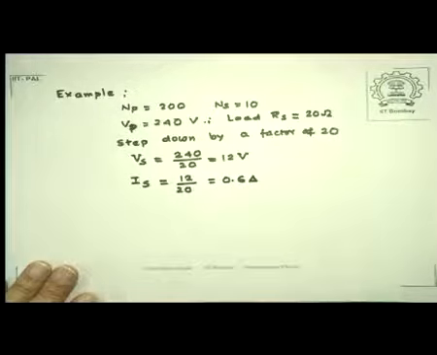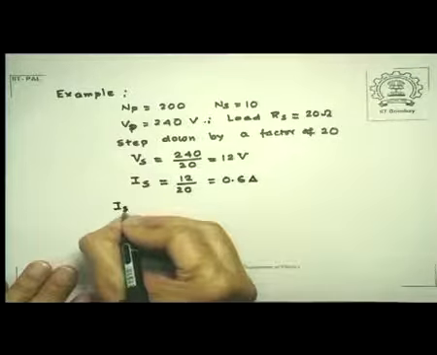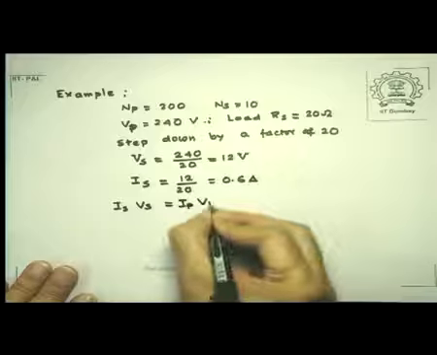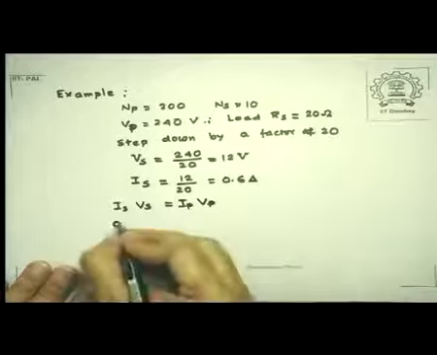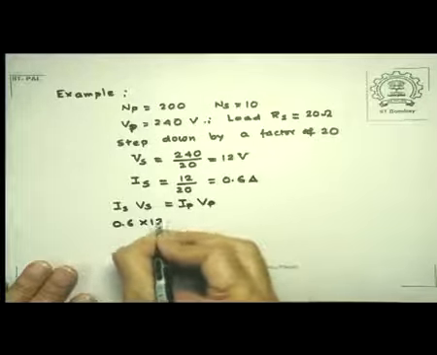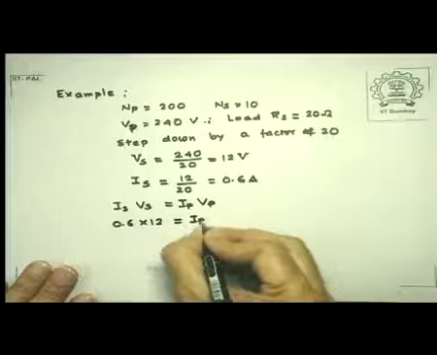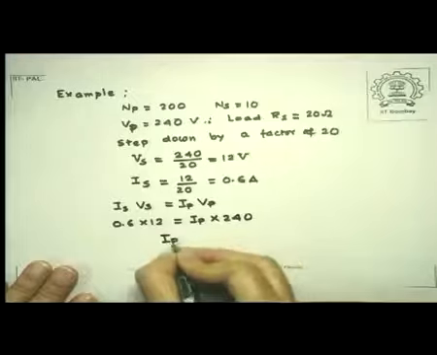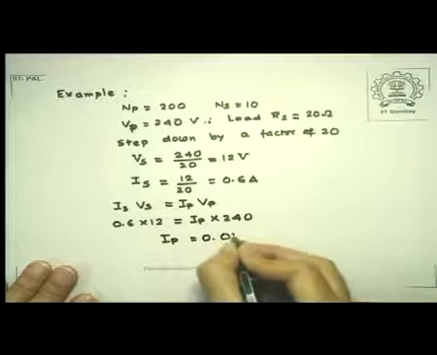How much is the primary current, assuming the complete power transfer? I know Is into Vs is equal to Ip into Vp. So that is 0.6 into 12 is equal to Ip into 240, which gives me Ip equal to 0.03 amperes.